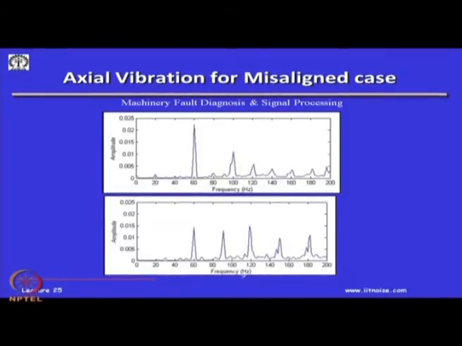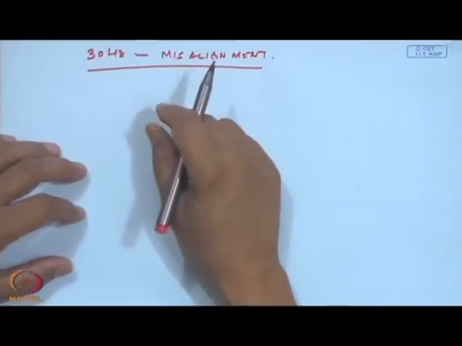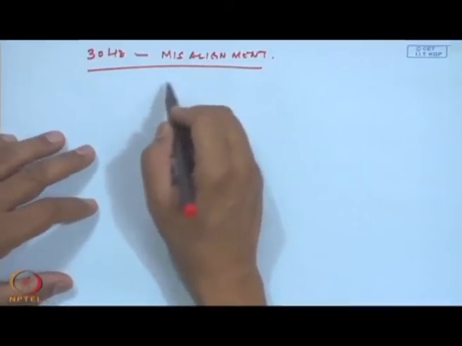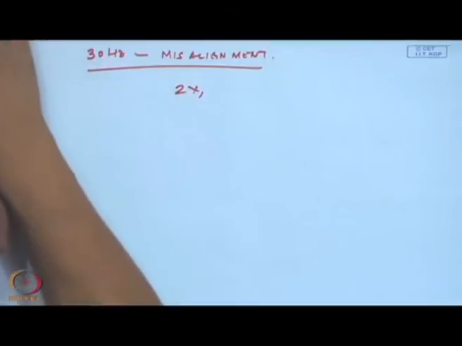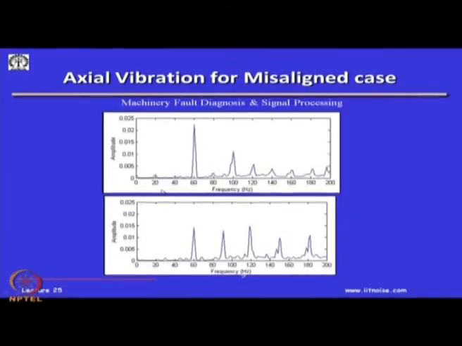So, what I meant to say is it is not right to say that only 2x will always come, but this is characteristically different from the case of unbalance. In unbalance, we will very rarely see things beyond 1x.